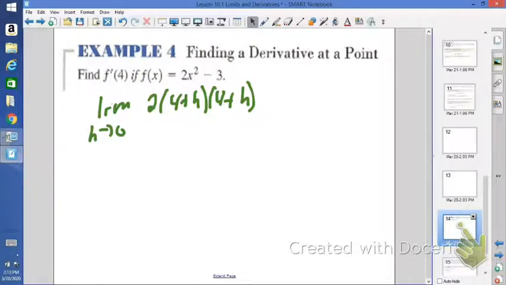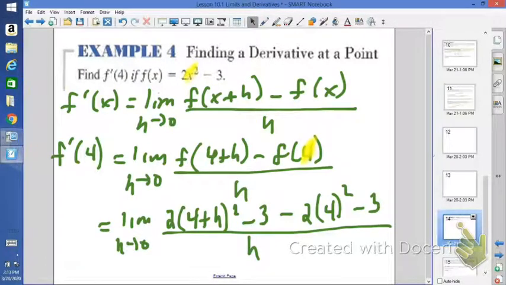And then we're going to subtract 3. And then we have this minus 2 times 4 squared minus 3.